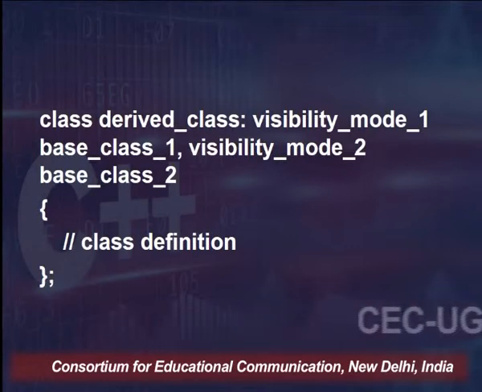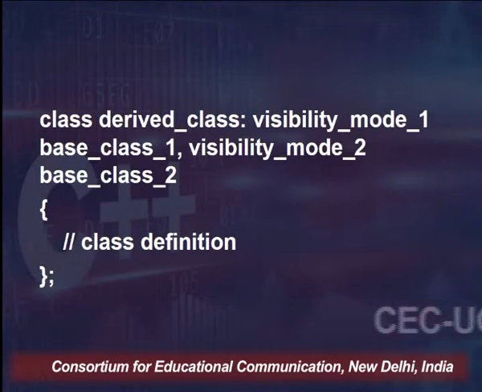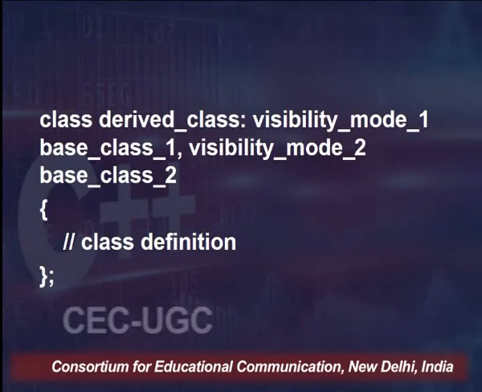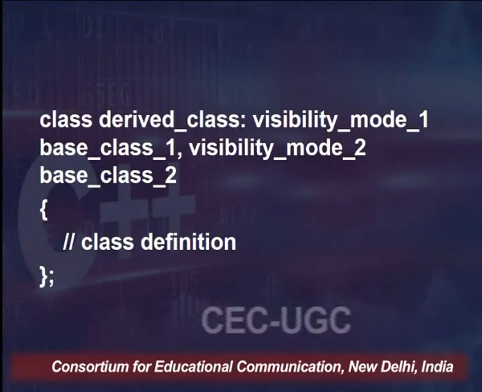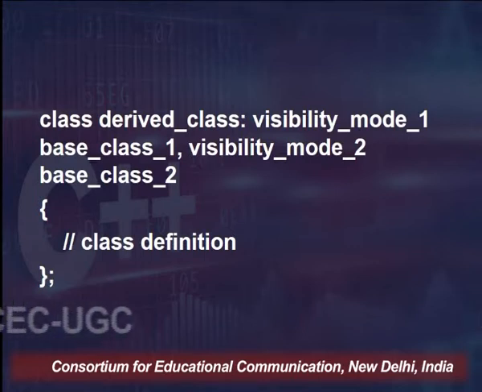One base class, base class 1, is being inherited in public mode, and another base class, base class 2, is being inherited in protected mode.